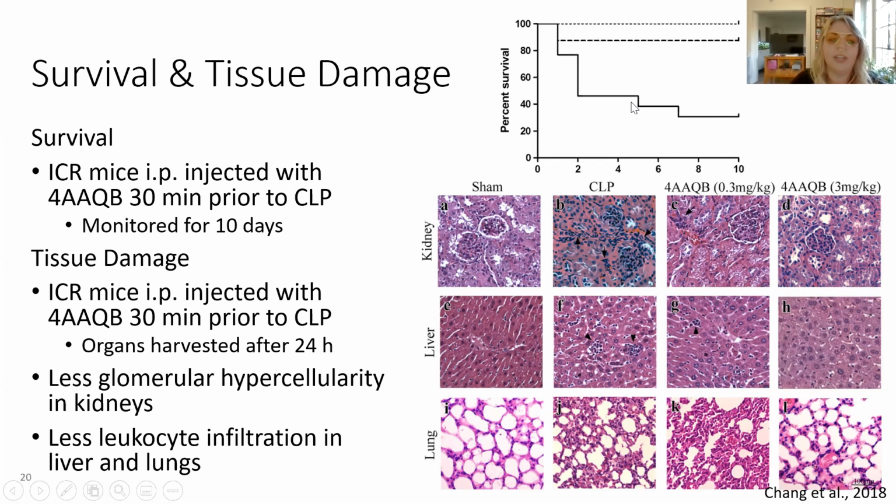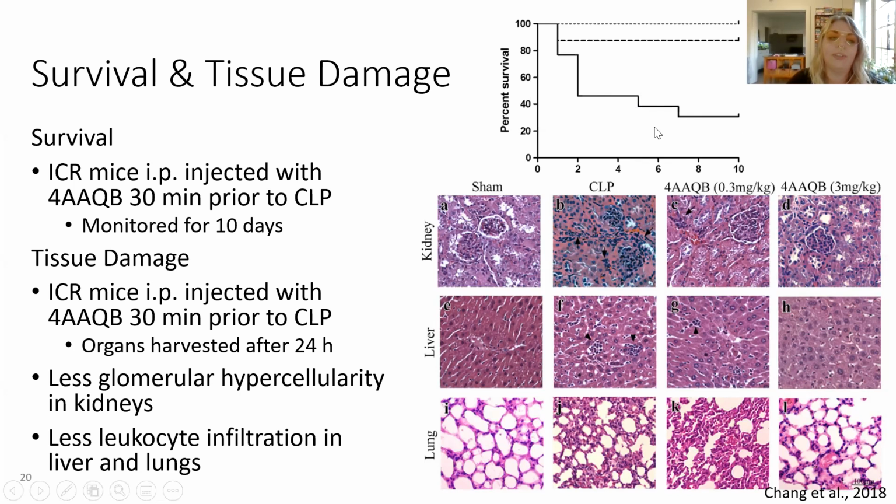And they saw a significant increase in survival with the mice receiving the higher dose having a 100% survival rate, and with the lower dose not trailing too far behind, compared with only about 30% of the control mice surviving.